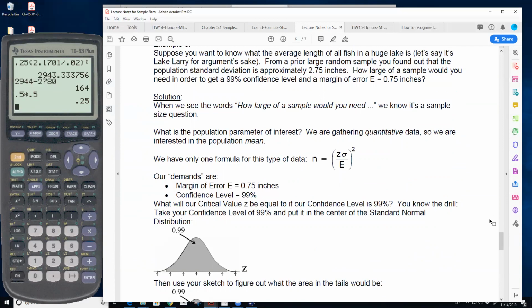Suppose you want to know the average length of all fish in a huge lake. That would be great. Now, you don't want to do a census because then you'd have to catch every darn fish. But the idea is that you want to get a confidence interval where it's really narrowed down.